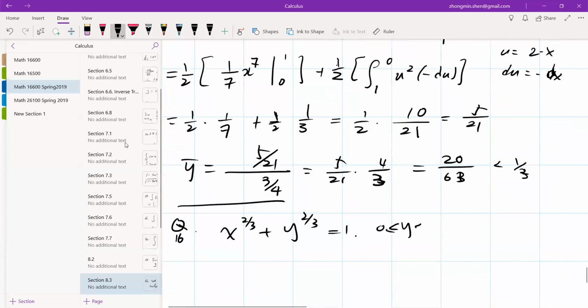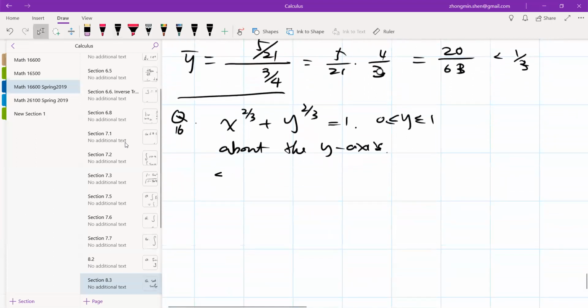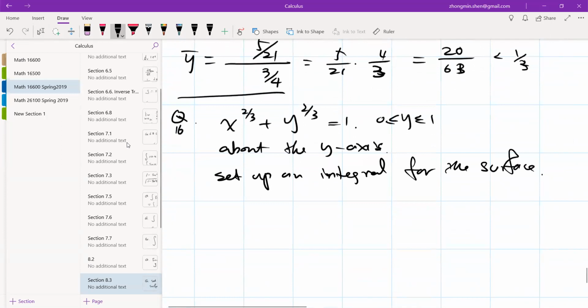Y is between 0 and 1. This is rotating about the y-axis, and we want to set up an integral for the area of the surface.